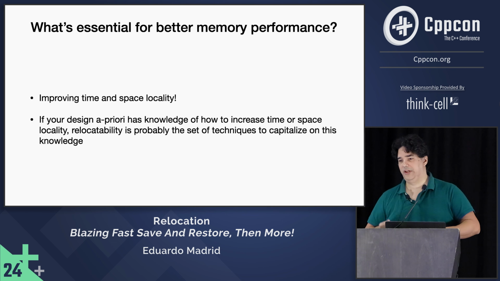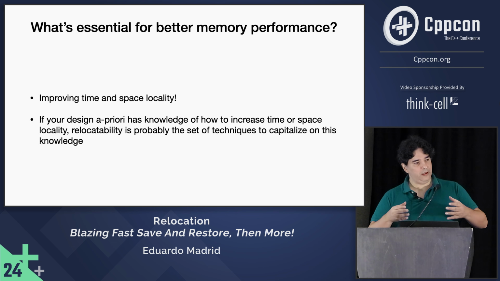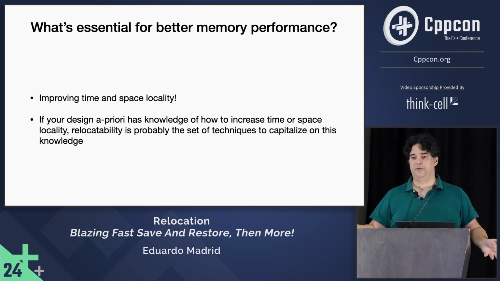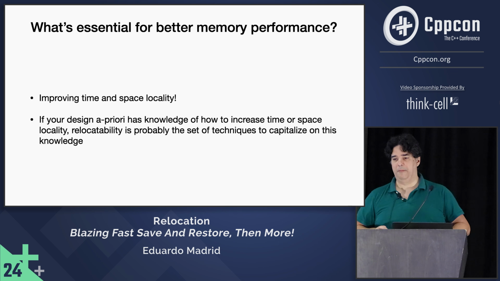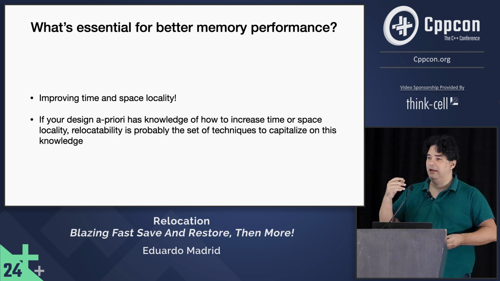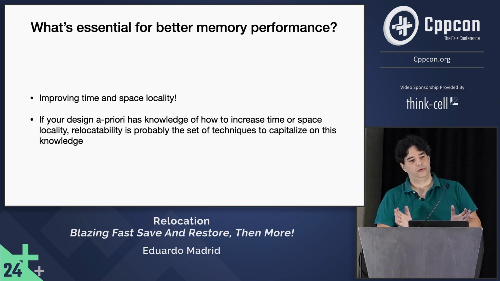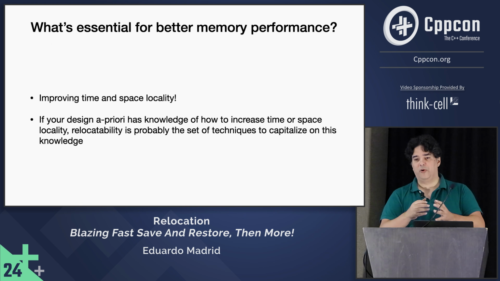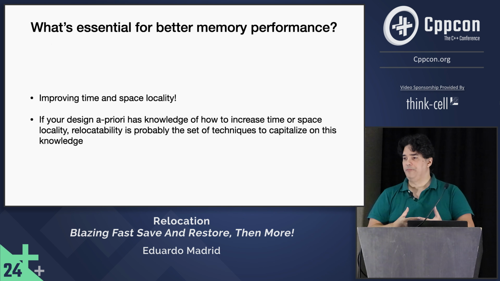A simple example, you are in a video game that has a very large map with millions, tens of millions, hundreds of millions of objects, and the player is moving in that map. So very intuitively, you can see that the objects that are close to the player are far more likely to be interacting, to be hot, to be used frequently.